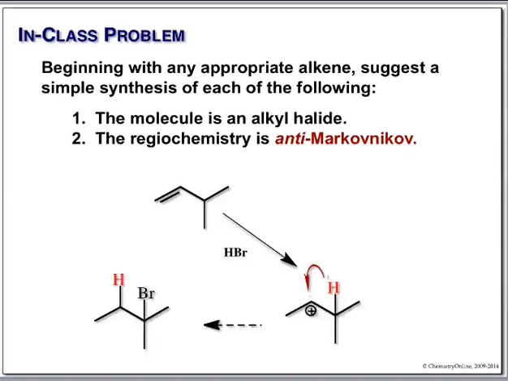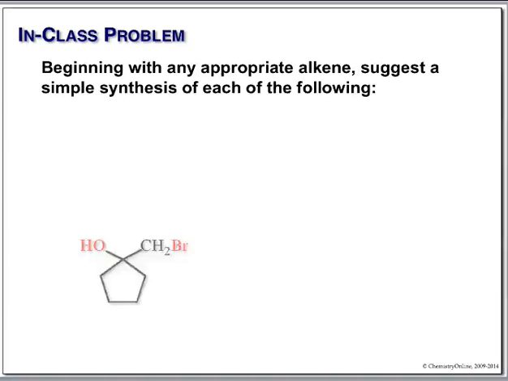Now, we're not going to do big-time rearrangements on the exam, but as we get more sophisticated, we will always be looking for rearrangements. Simple anti-Markovnikov regiochemistry. Let's do another one.